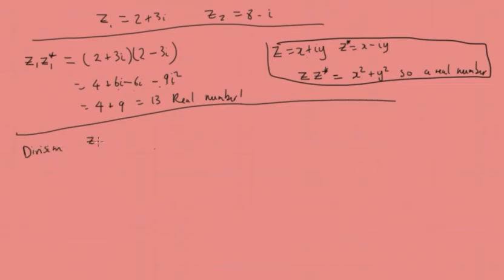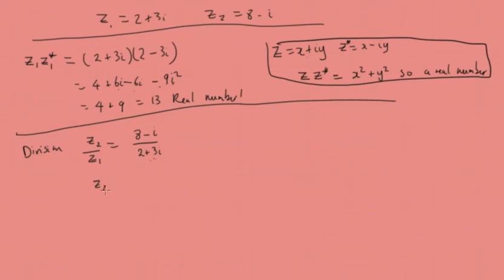Now we can look at division. So z2 divided by z1 is going to be 8 minus i over 2 plus 3i. So the first thing that we do is we multiply the numerator and the denominator by the complex conjugate of z1.